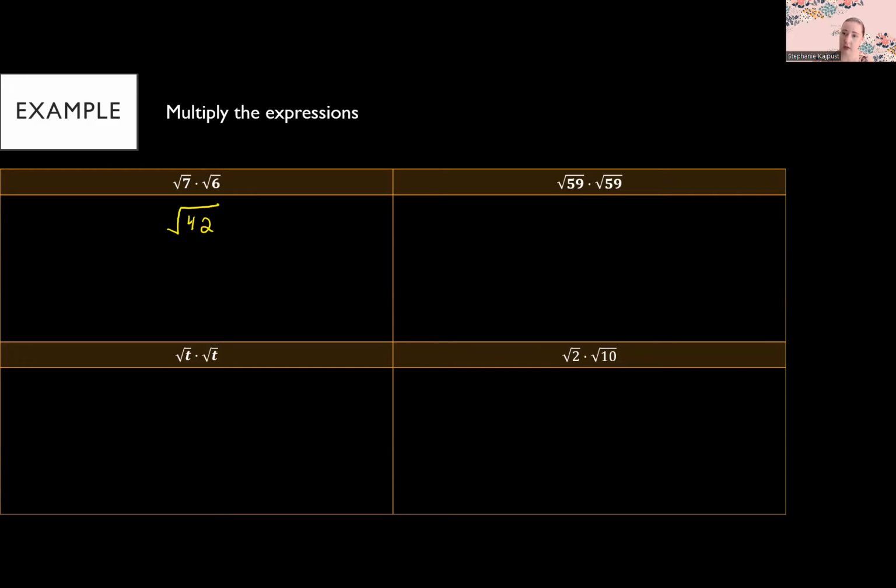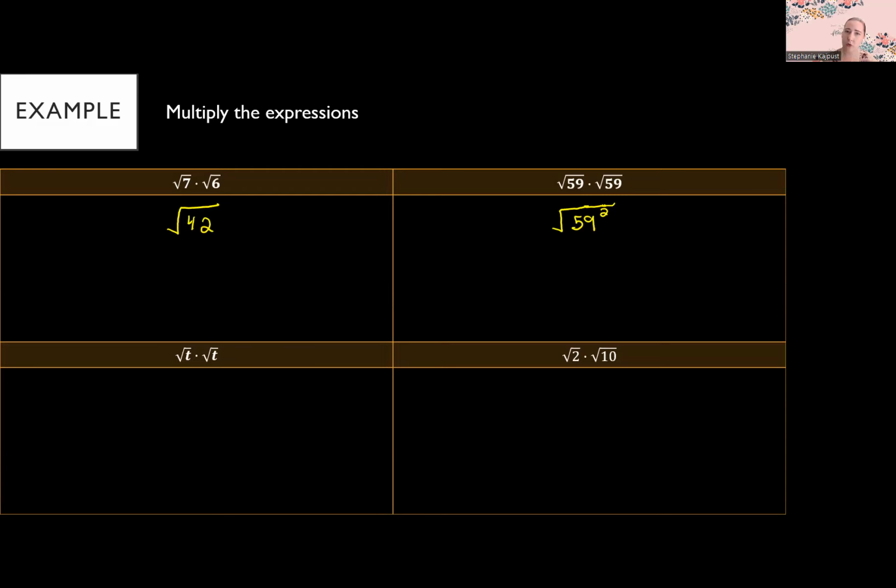So on the right here, we've got the square root of 59 times the square root of 59. So you're basically multiplying 59 times itself. And instead of actually doing that multiplication on the calculator, I'm going to write it as 59 squared because that's what we're doing. 59 times 59 is 59 squared.